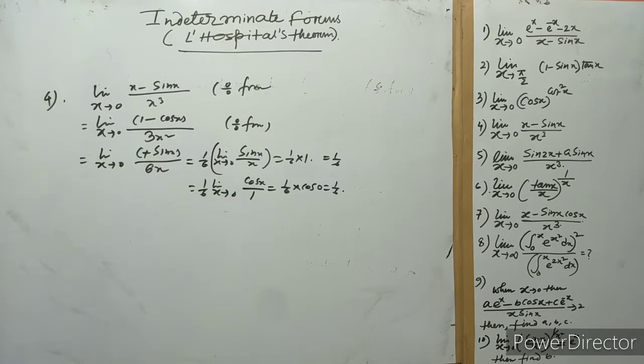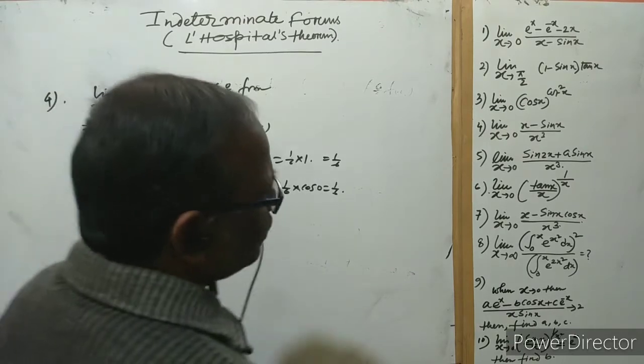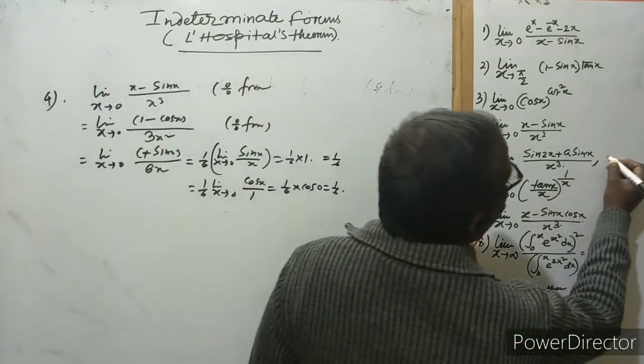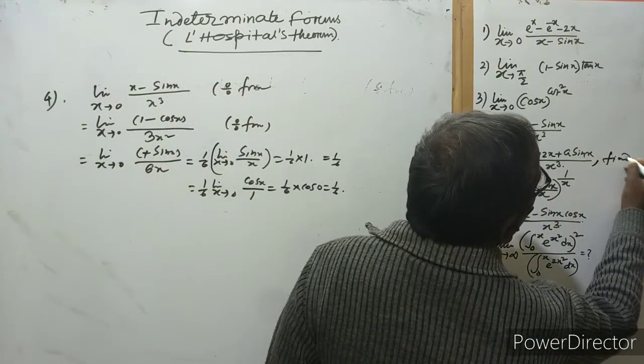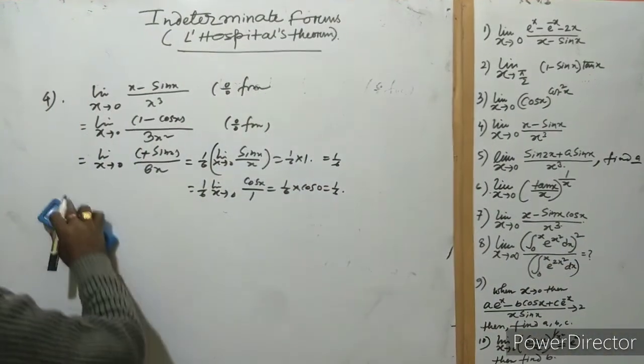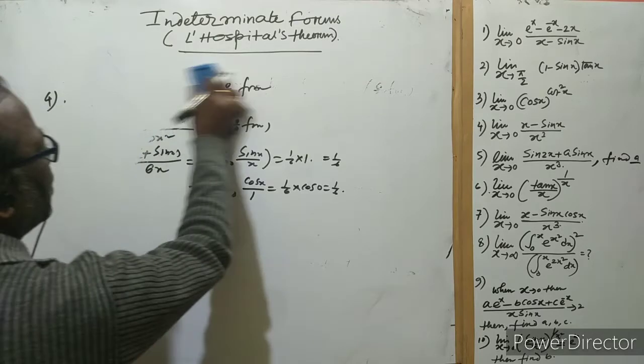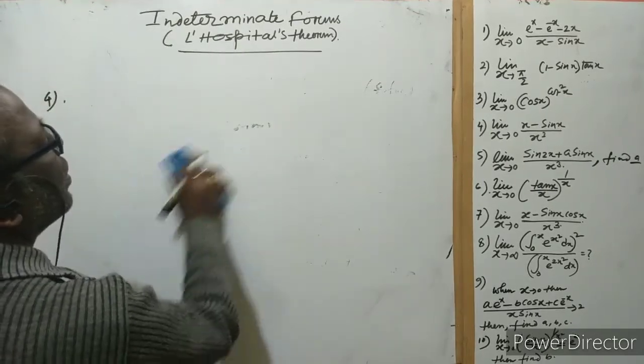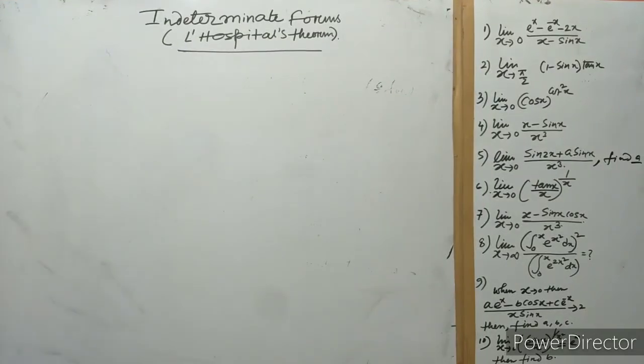And now here is the question: find a and the limit. Find a, okay, and also find the limit. Okay, and this is 5 here.